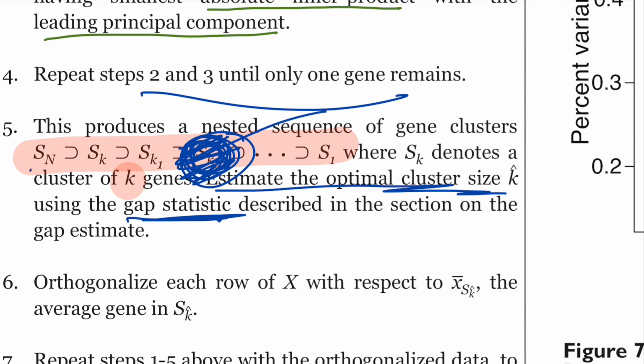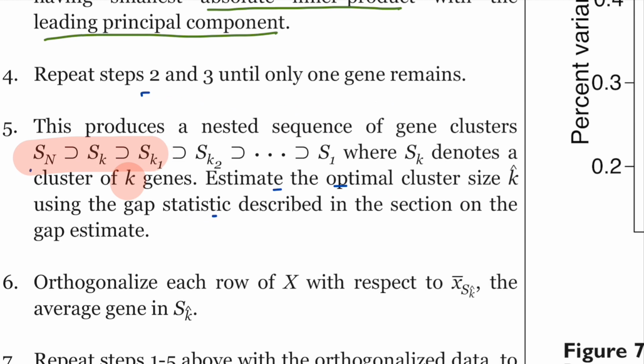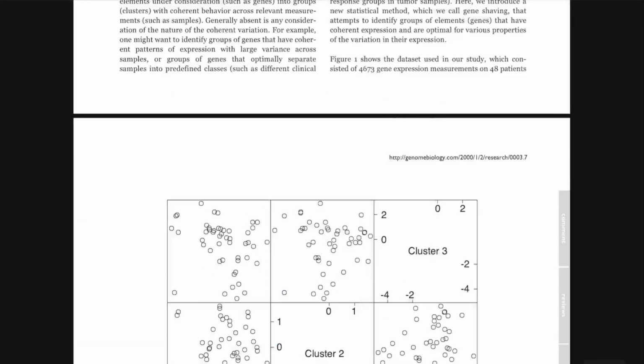I want to extract this cluster of genes and keep it, because this is a good one. They do this with the gap statistic, glossing over the formulas. This gap statistic computes a measure of the variance within one cluster of the mean gene.